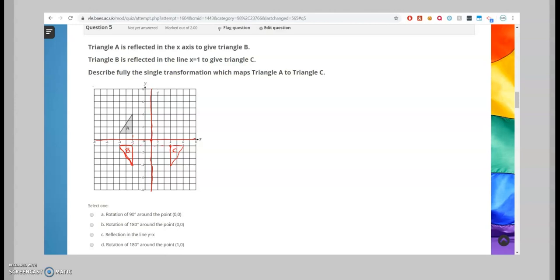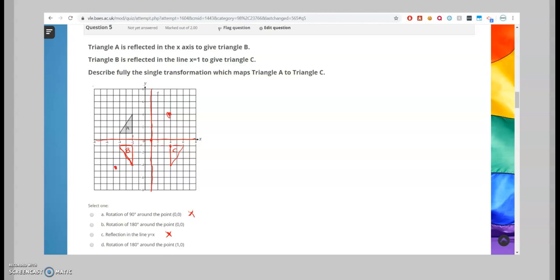So this is not true. It's one of those other three. Is it a rotation of 90 degrees? If it was a rotation of 90 degrees, we would see shape C either here or in this other quadrant, and that's not the case. So this is not true either. It's between B and D.